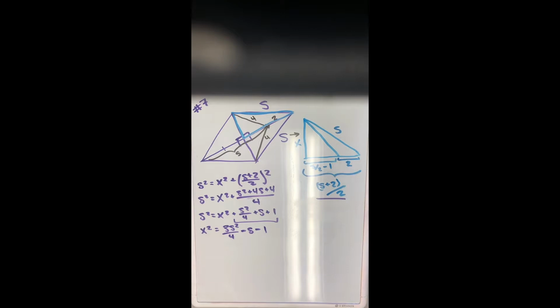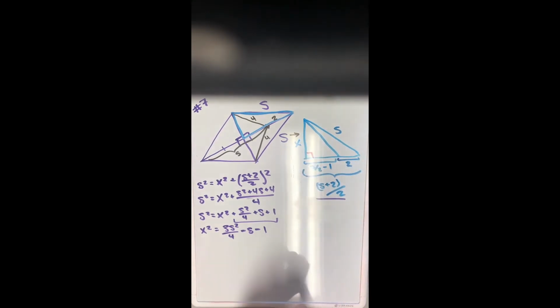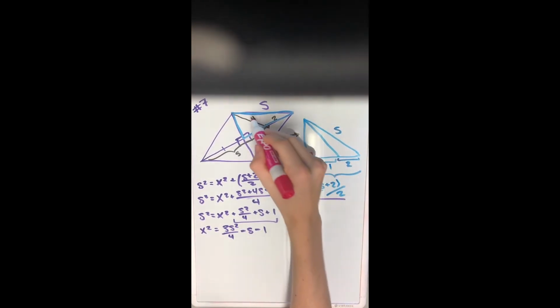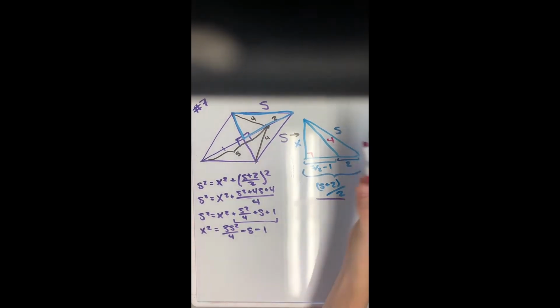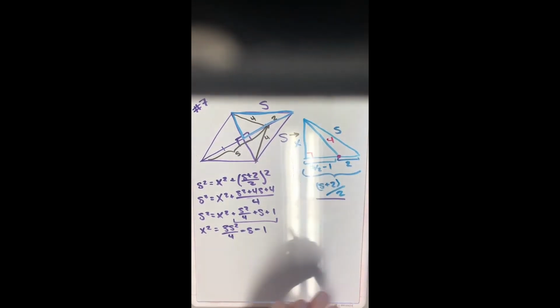And now I'm going to work with the second equation. So now we're going to work with the smaller of the 2 triangles. So we know that this distance is actually 4 because they told us that from this point to the vertex is 4.